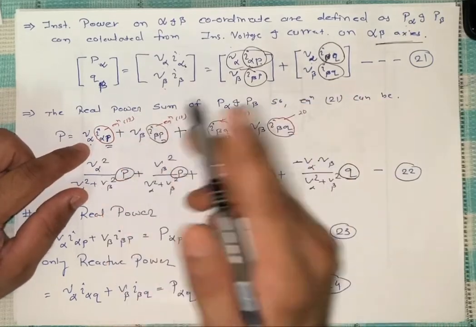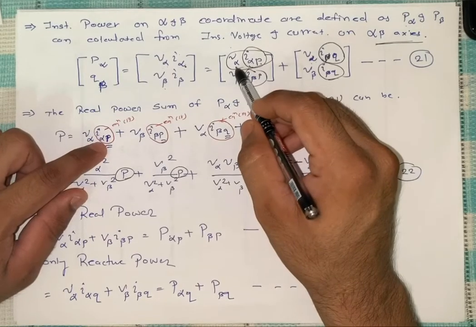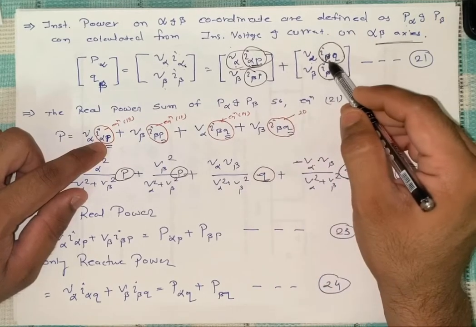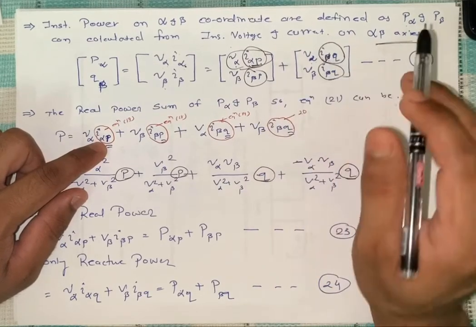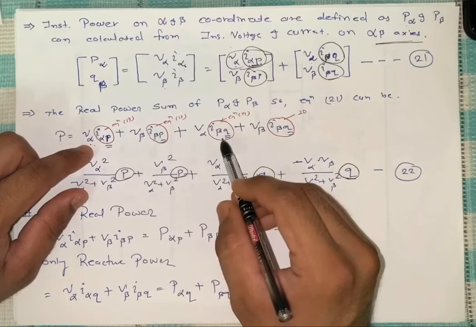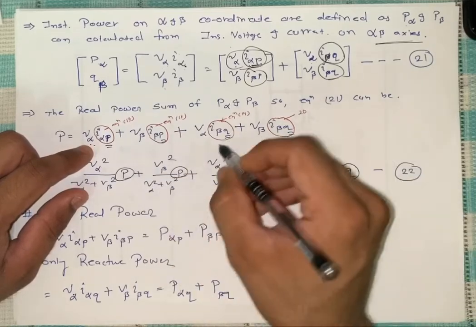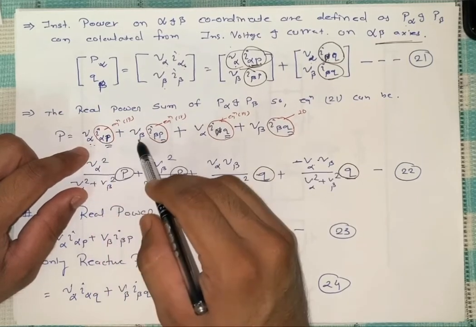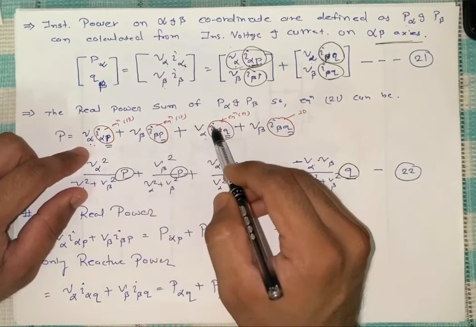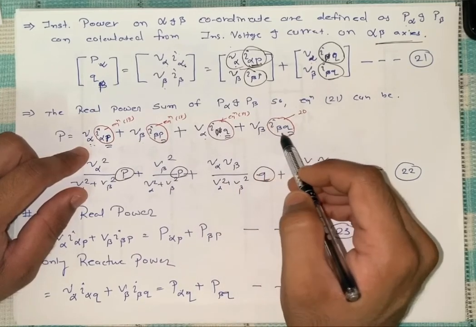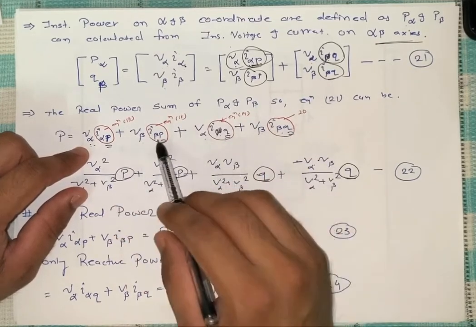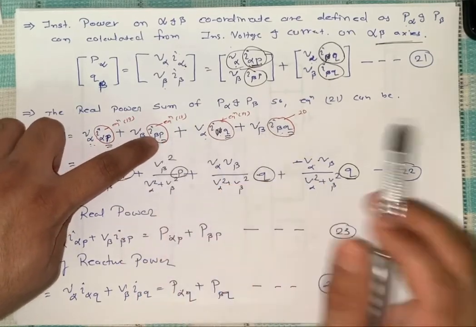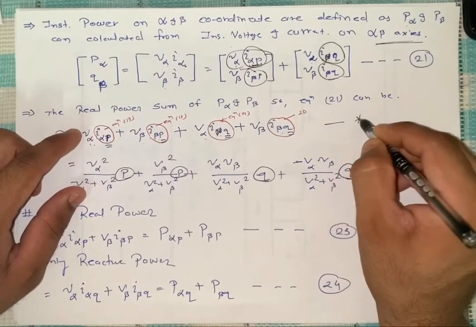So V alpha two times, with the current I alpha with active power and current I alpha with reactive power. So V alpha I alpha P plus V beta I beta P plus V alpha I alpha Q plus V beta I beta Q. So alpha alpha two times, beta beta two times, alpha with P and Q, beta with P and Q. Simple. So that is the final equation of power.